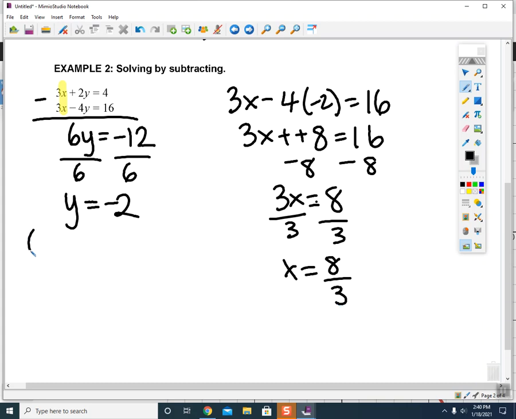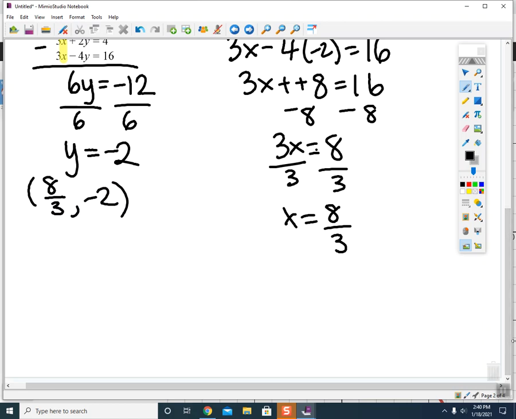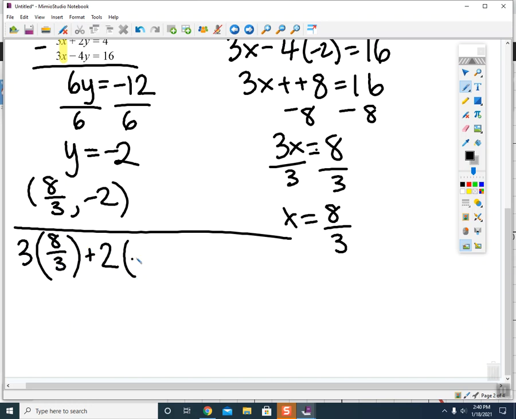So I got the solution 8 over 3, 8 thirds, negative 2. If I wanted to test this out to make sure this works, all I need to do is plug these into one of my equations to see. So I'm going to plug it into the first one. So 3 times x is 8 over 3 plus 2y, which is negative 2, should equal 4.